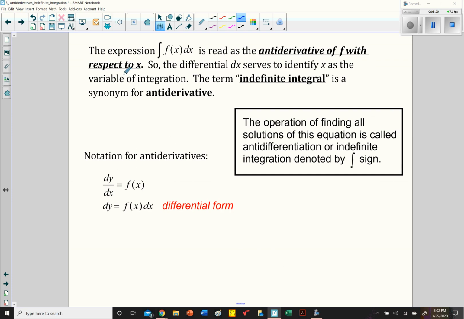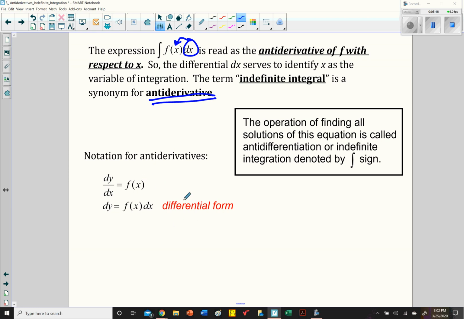The expression, the antiderivative of f of x with respect to x, is this expression. So the differential dx, this little piece right here, serves to identify that x is our variable of integration, and these two variables need to be in agreement. The term indefinite integral is a synonym for antiderivative.